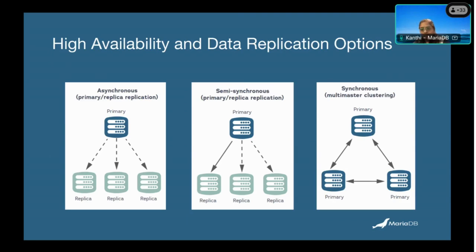As long as it broadcasts the data, it proceeds. In semi-synchronous, it waits for an acknowledgement from at least one replica. And of course, synchronous has to wait for all the replicas to get the data applied. So we provide all three different ways of setting up replication for you.